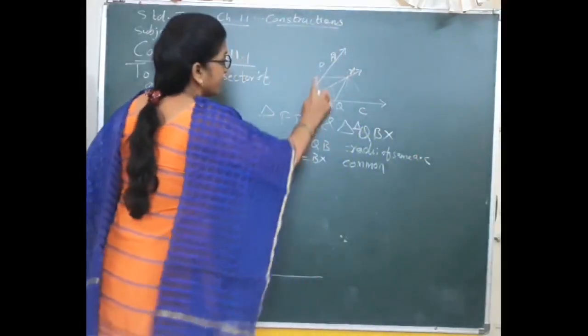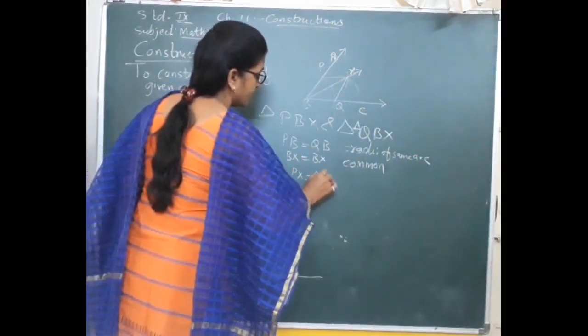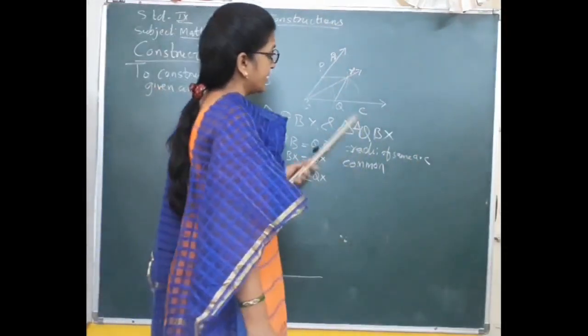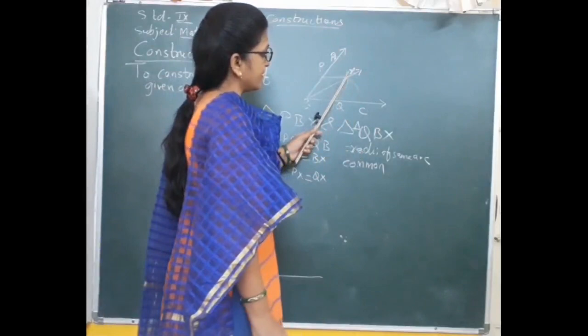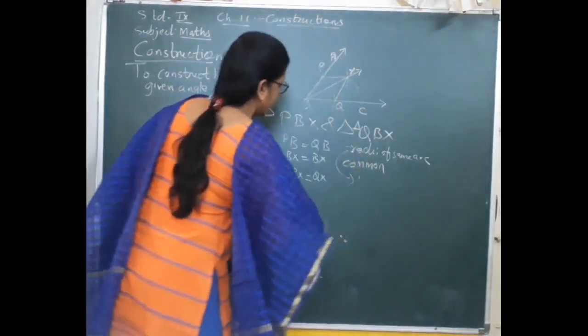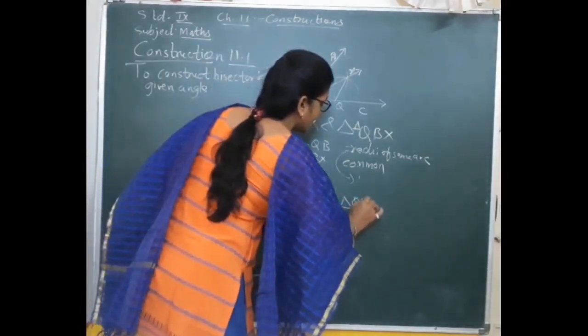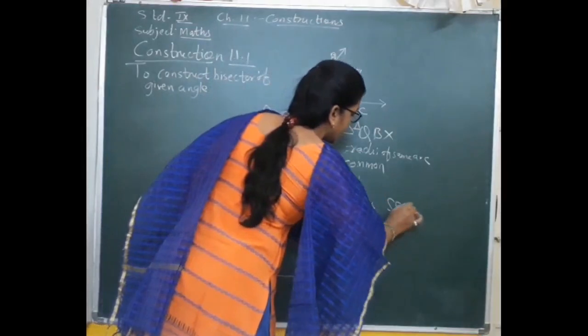Next, PX is equal to QX, same radius of the arc. Therefore, triangle PBX is congruent to triangle QBX by SSS criterion.